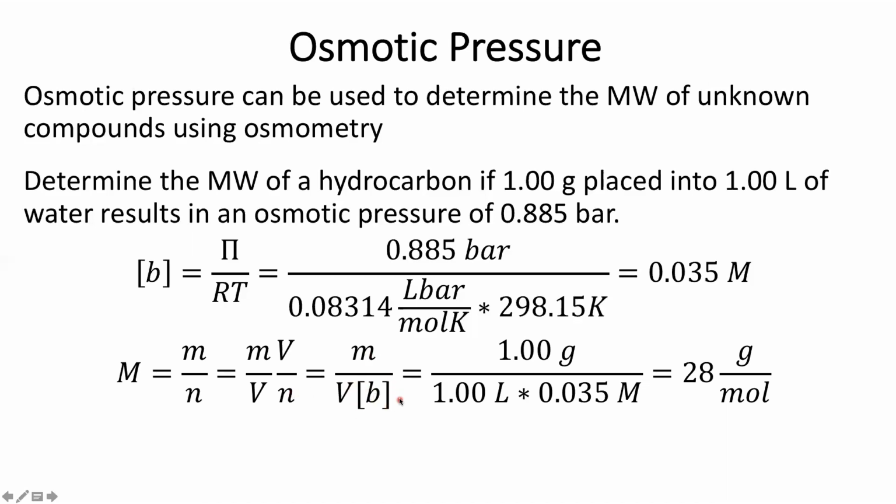Now I have all three of these numbers. I can then simply input my values, and we get back a molecular weight of 28 grams per mole. Now, since I told you this is a hydrocarbon, this is going to leave us very few options. And it turns out that this is actually going to correspond to a compound of ethene, which again, 2 carbons at 12 apiece, plus 4 hydrogens, 28 grams per mole.